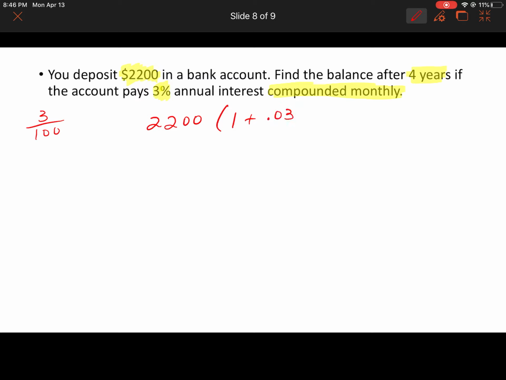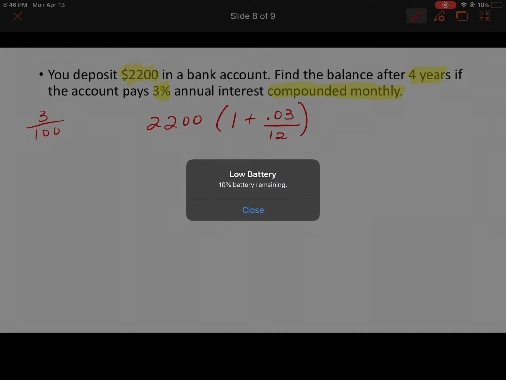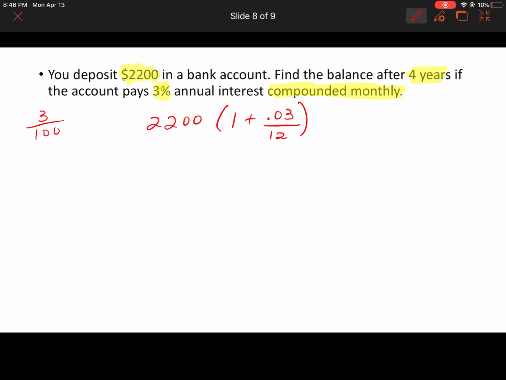That's equal to 0.03. You want to divide this value by the number of times it's going to get compounded in a year, in this case 12. And then we're going to raise this to the power of 12 times the number of years we want to do this for, which is 4.